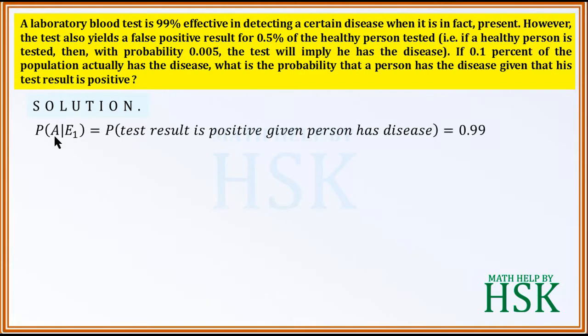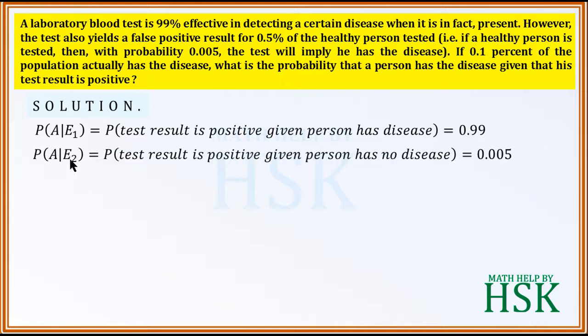Probability of A given E1 means the probability that the test is positive given that the person has the disease, and this would be equal to 0.99, because in 99% of the cases the test is correct, so the test would be positive when the person has the disease. That is 99 upon 100, so its value is 0.99.